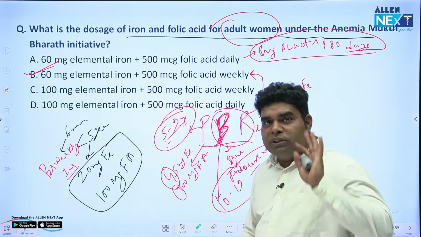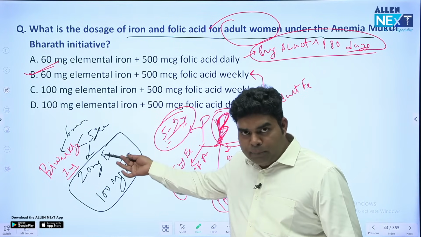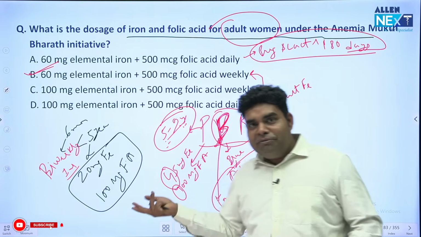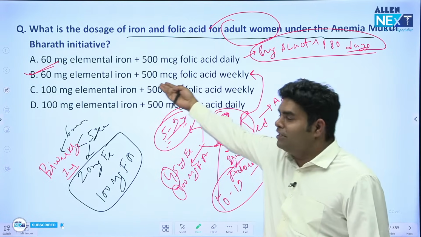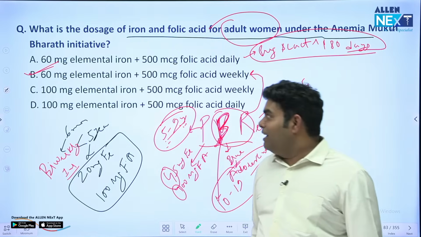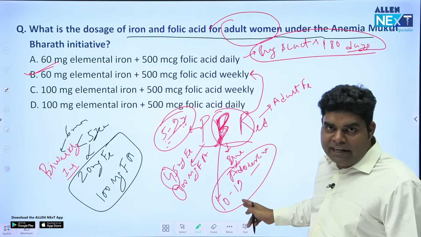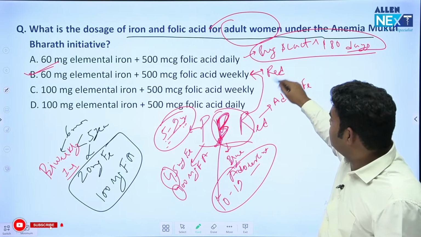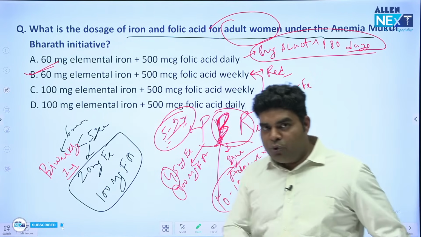So बस 3 डोज याद रखने हैं, 20 100 up to 5, फिर 45 400, 4 दोनों में है, and last dose is 60 and 500. Blue color for adolescent 10 to 19 year, red color for adult female. Okay, तो ये डोजेस जरूर याद रखना.